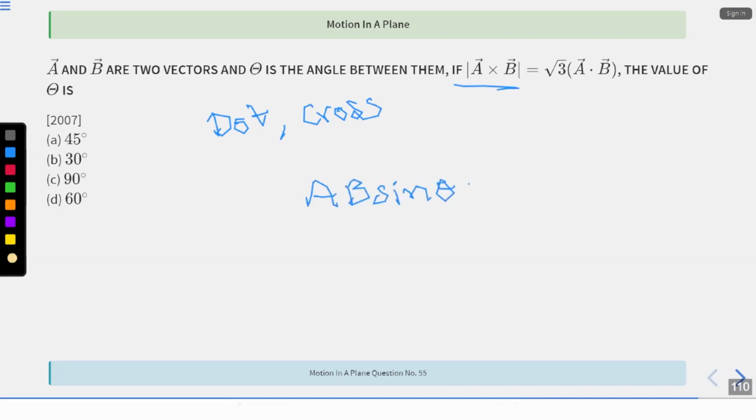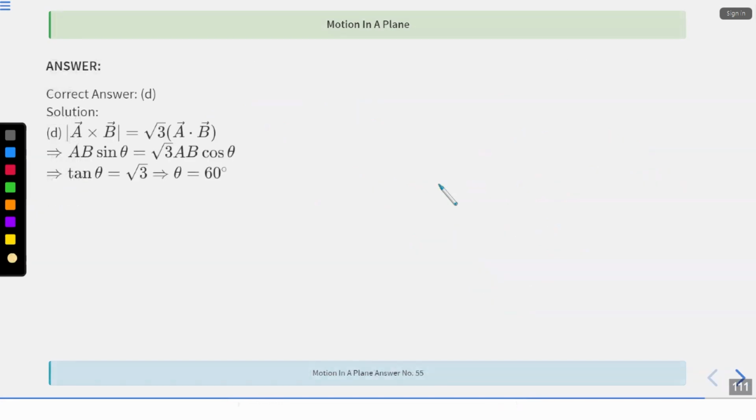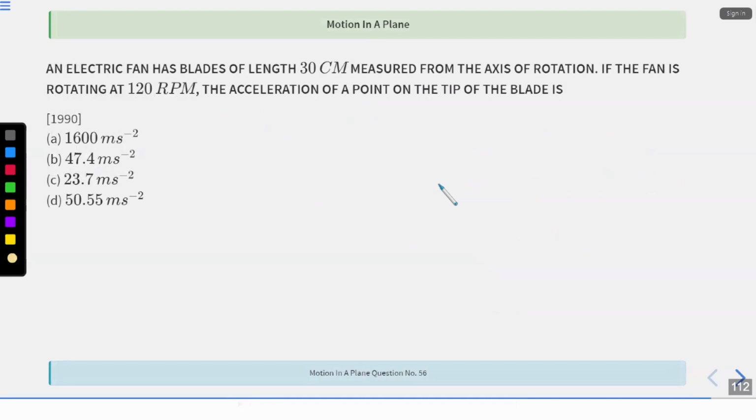And similarly, A dot B is nothing but root 3 AB cos theta, right? AB gets cancelled, and tan theta, sine theta by cos theta, just bring it over here. It will be equal to root 3. And when is tan theta root 3? When theta is equal to 60 degree. And here we got our answer. Okay, moving on to the next question.